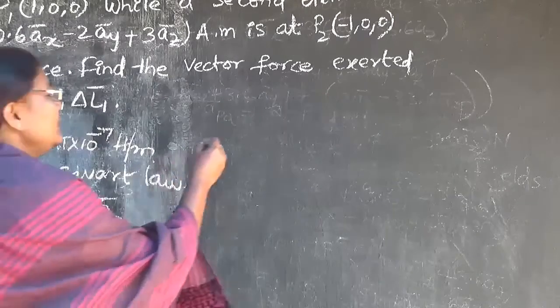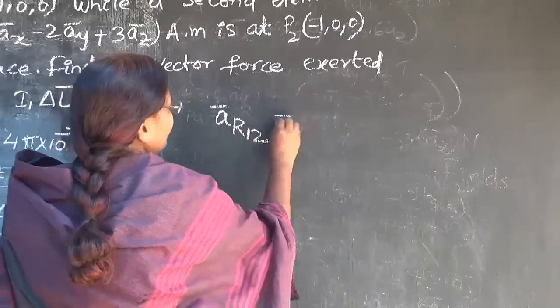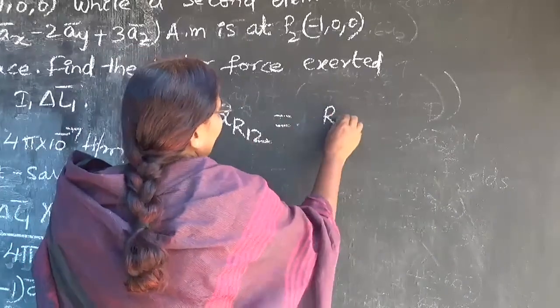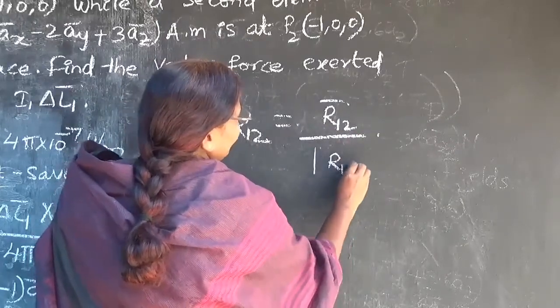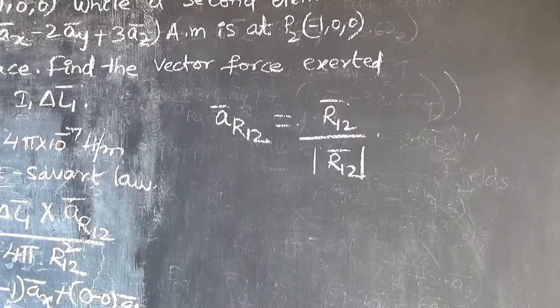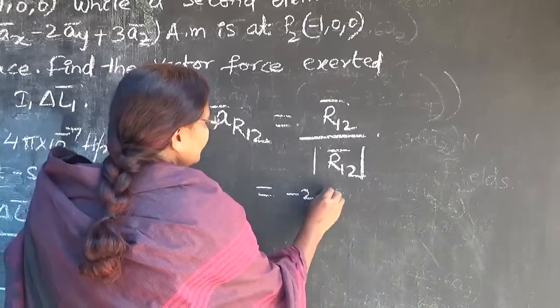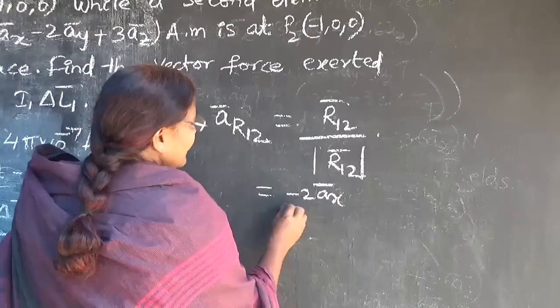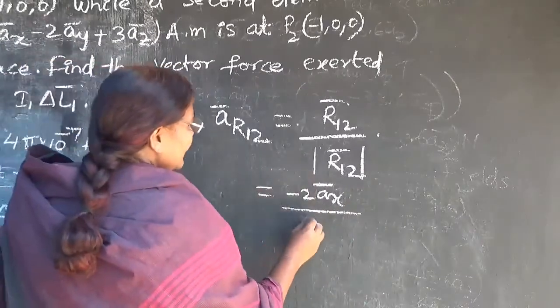To find the unit vector AR12 bar, what I have to do? I have to take the R12 bar divided by magnitude of R12 bar. This is the unit vector. So, what is R12 bar? Minus 2 AX bar. Divided by what is the magnitude of this will be?